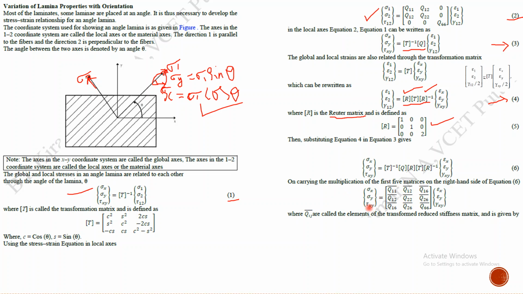sigma x, sigma y, tau xy is equal to Q11 bar, Q12 bar, and Q16 bar. And here these terms are not 0, so you should be very careful. Q12 bar, Q22 bar, Q26 bar, and Q66 bar. So what is this Q bar called? It is called the transformed reduced stiffness matrix.